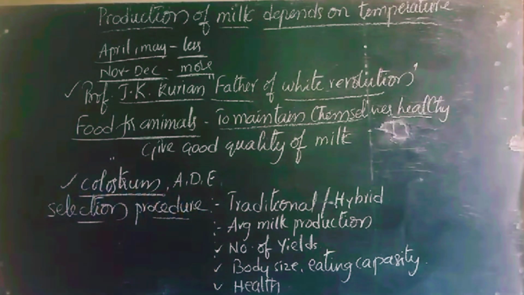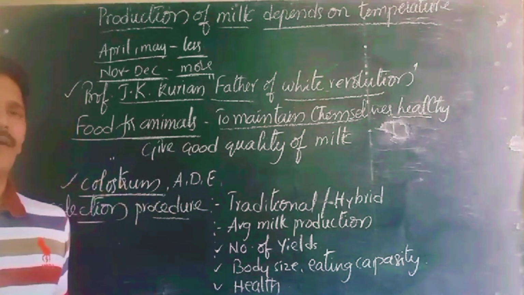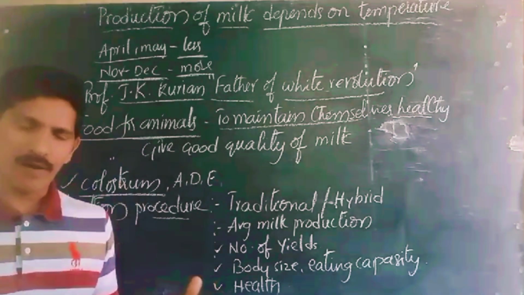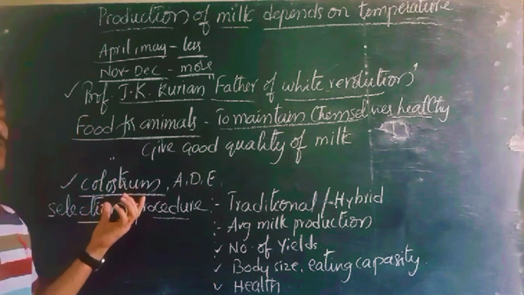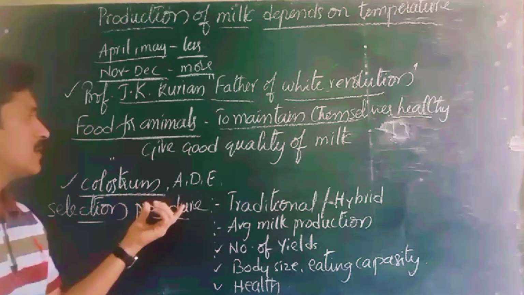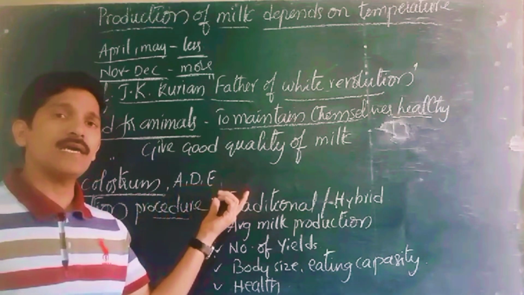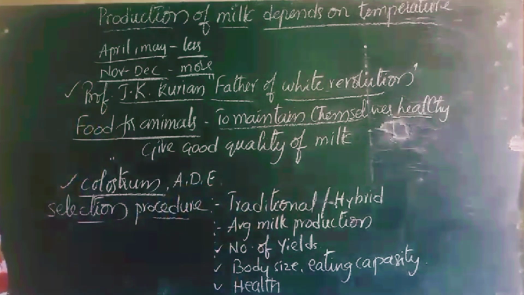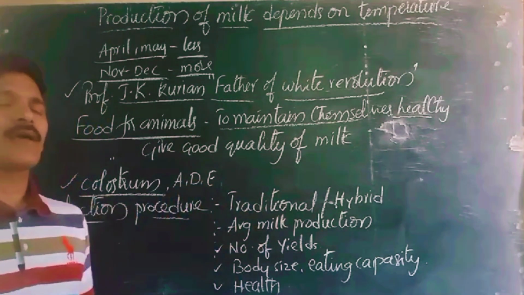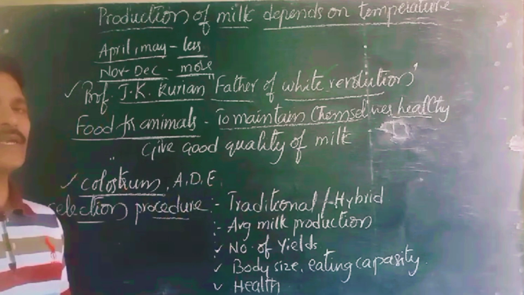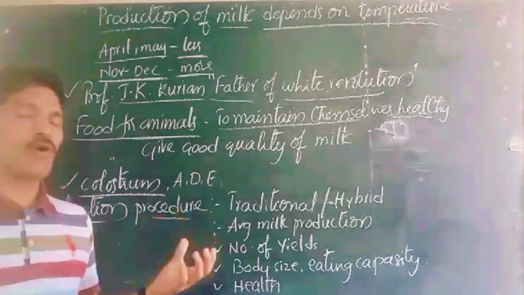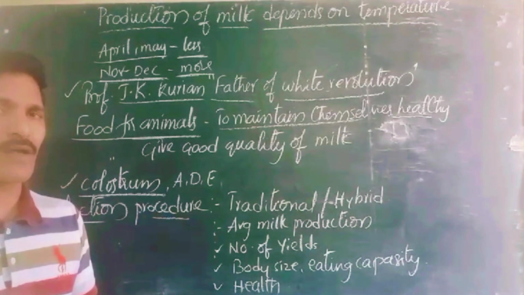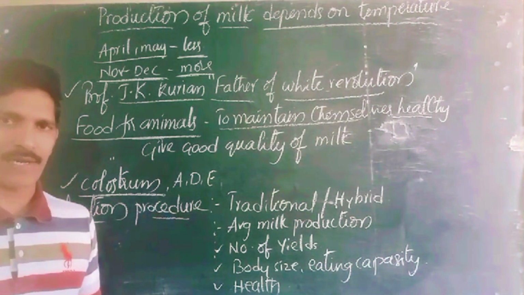This yellow milk produced by the mother cows and buffaloes after delivery is called colostrum. It contains A, D, E vitamins, improves the immunity of the young one, and contains more nutrients than the normal white colored milk.